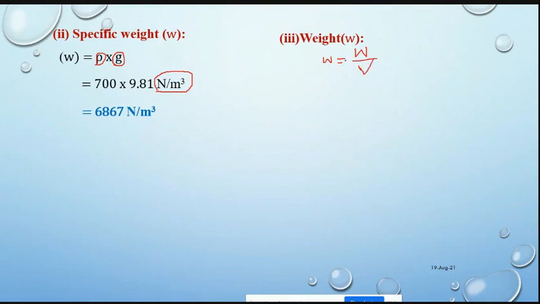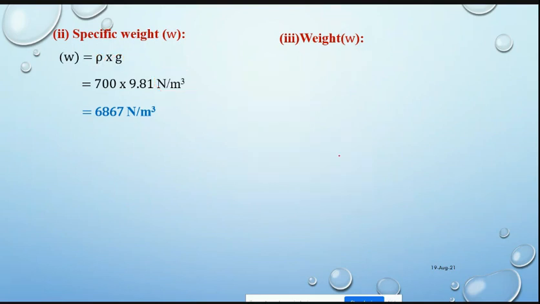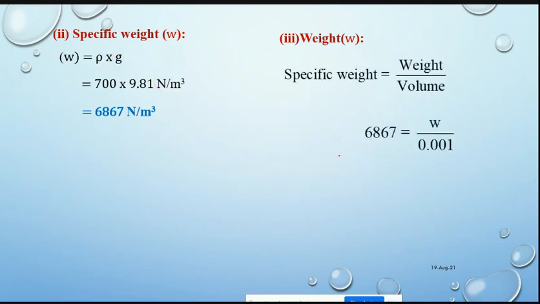Specific weight is equal to weight per volume. You can reverse the formula for finding the weight. The reverse procedure is that you multiply specific weight with volume, and you will get the value for weight. Volume is available: it is 1 liter, which is equal to 0.001 meter cube.